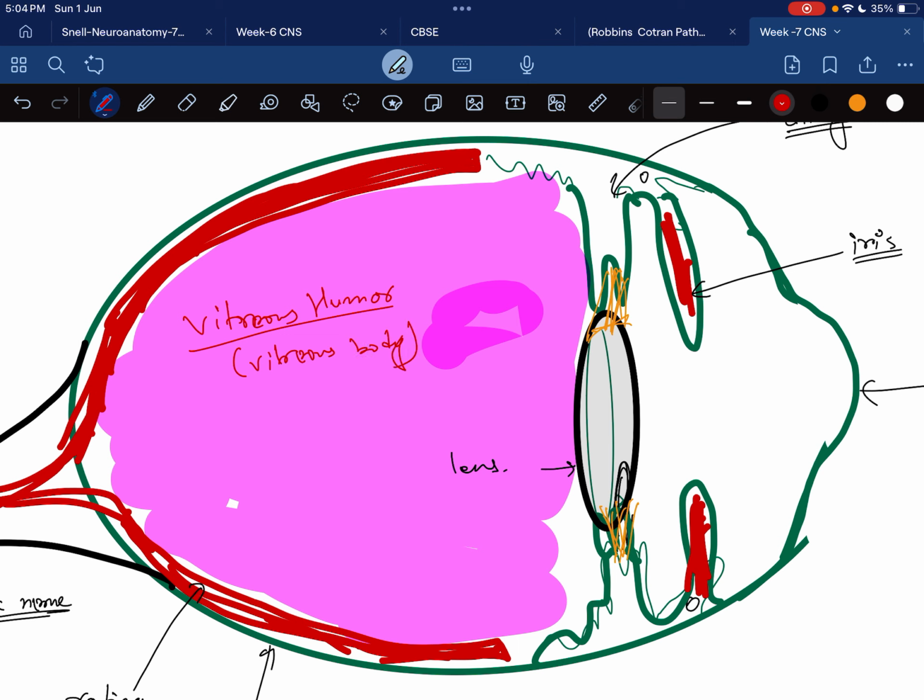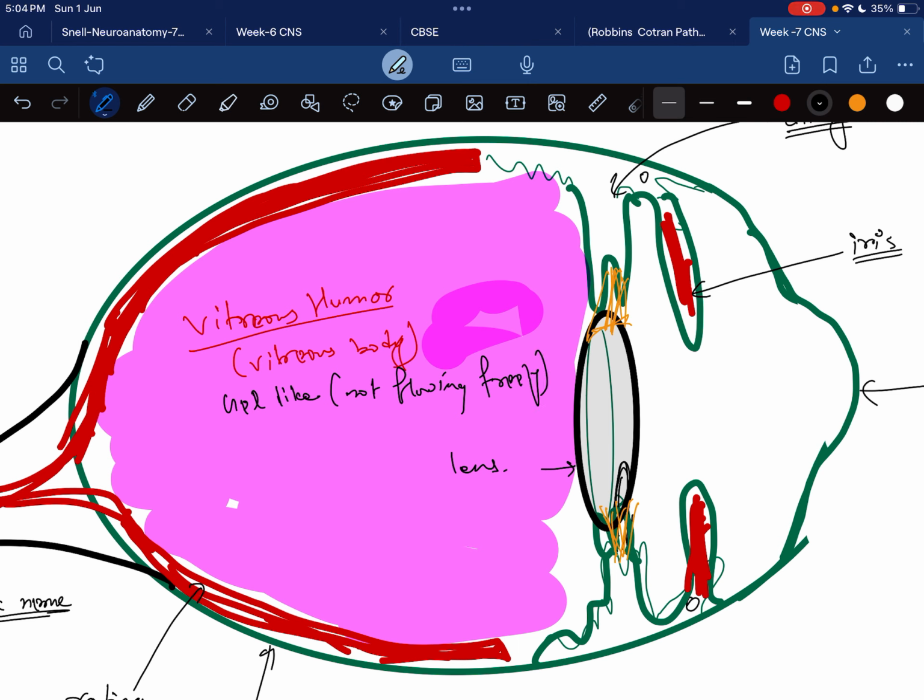It is between the retina and the lens, and it naturally looks like gel. It is not flowing freely as compared to the aqueous humor.